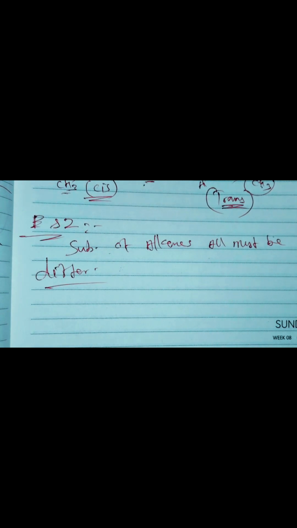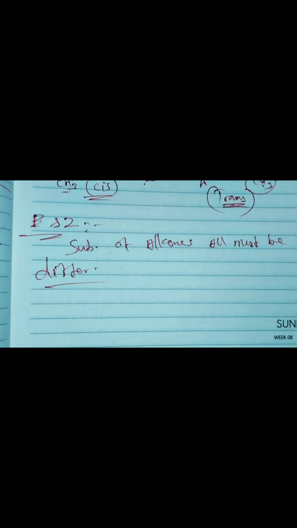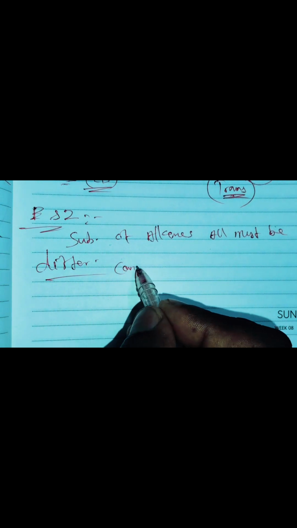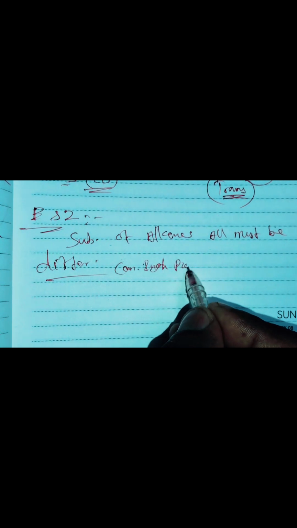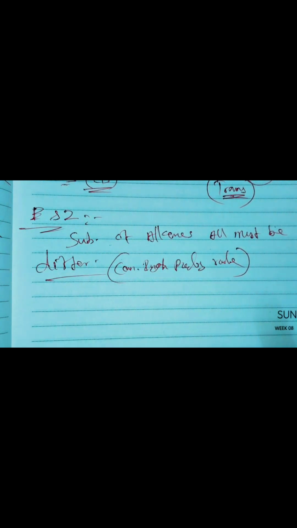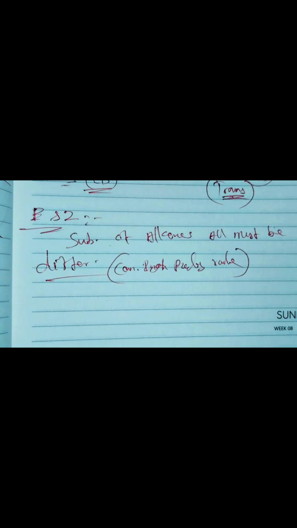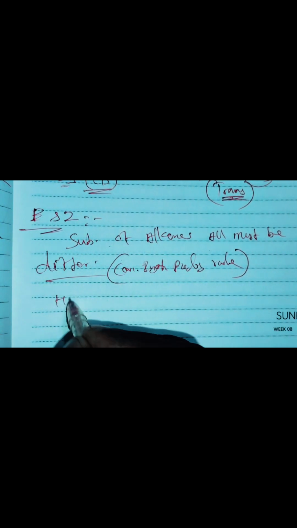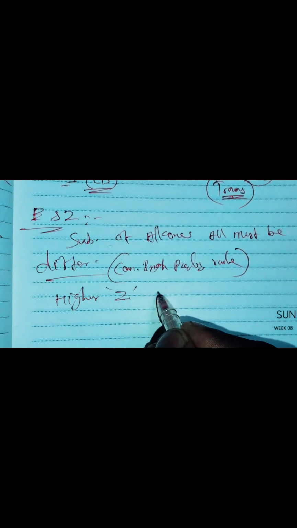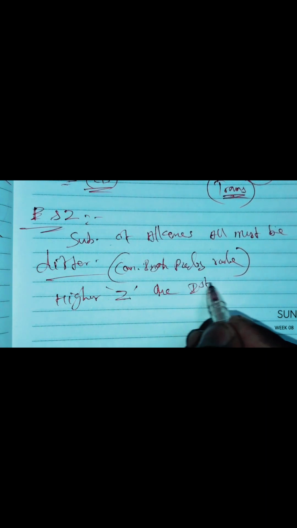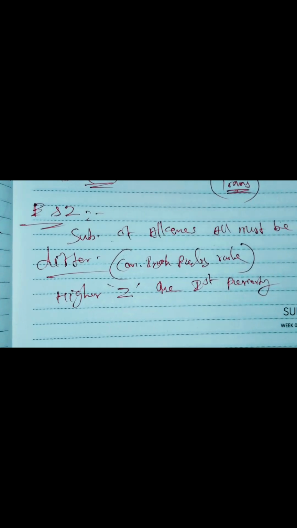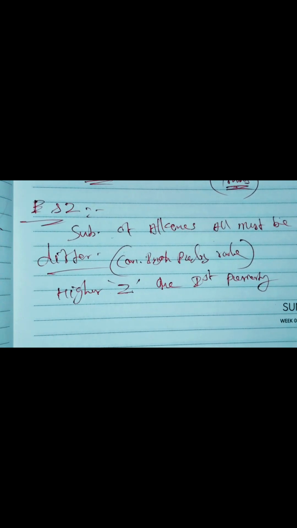After that, whether the compound is E or Z in nature, we can find out from the priority order of the groups. Here we use the Cahn-Ingold-Prelog rule. This rule is also applicable to optical isomerism. The rule says: higher atomic number, higher priority. The higher atomic number gets first priority, and as the atomic number decreases, the priority also decreases.